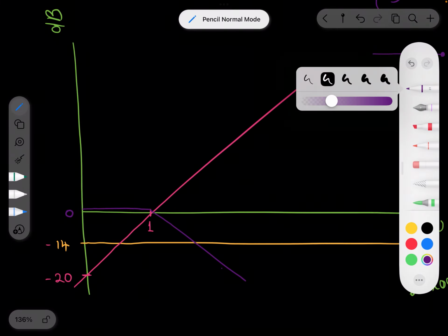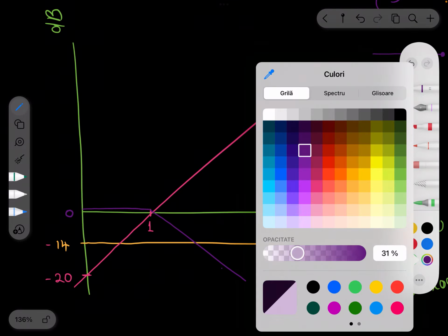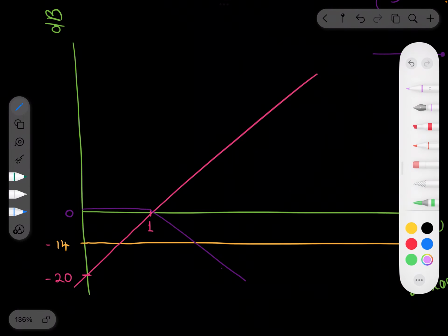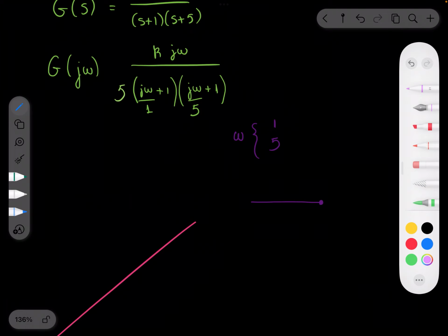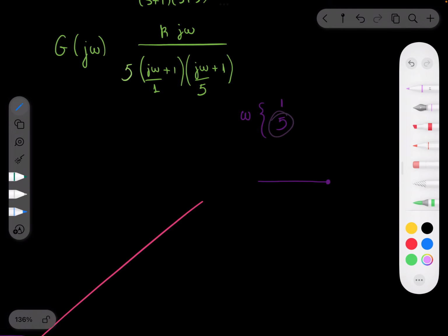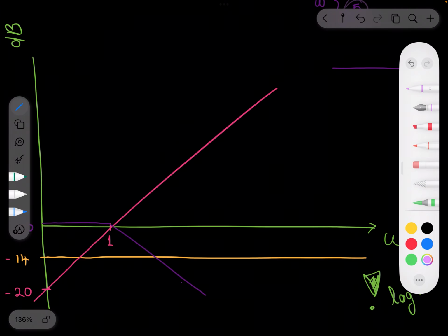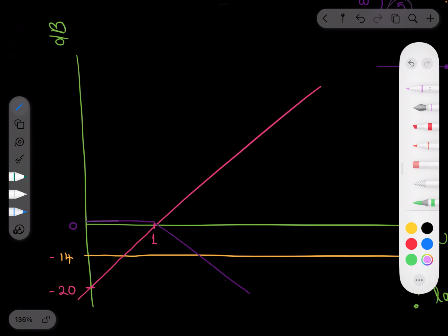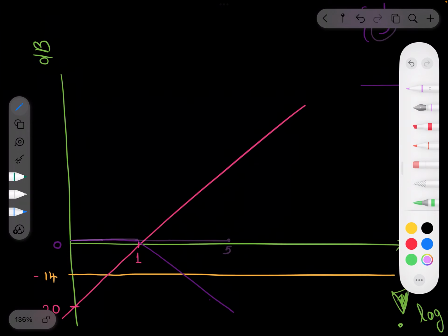Next up, we have another corner frequency at 5. So once again, continuing from this line of 0 all the way to 5, so like somewhere here, you have constant.